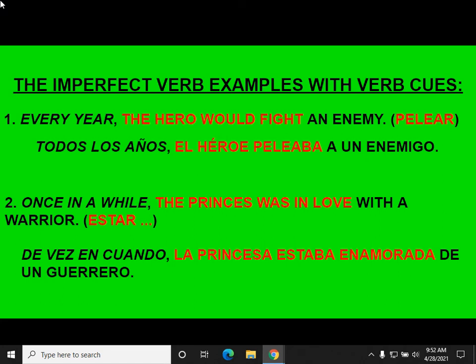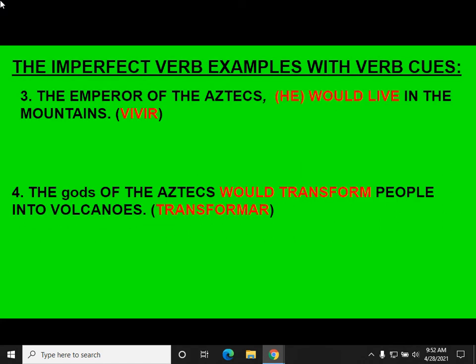Continuing our story. If you need to go back later and look, we can, okay? But I'm just going to continue, and then we'll go back and look at it. The emperor of the Aztecs, he would live in the mountains. So remember, when we say it, we're going to say the emperor of the Aztecs. So what's an emperor?